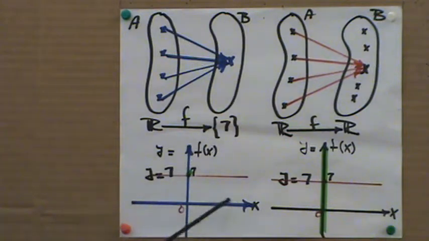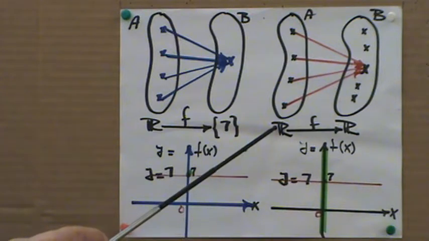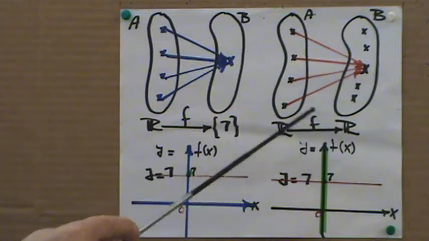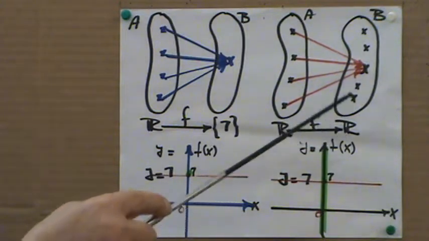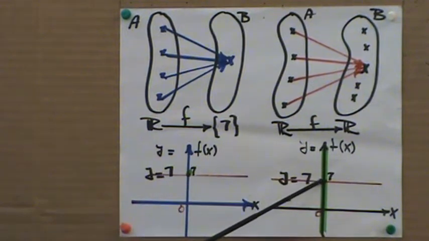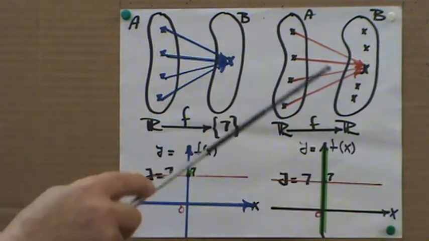Now, the very same equation, y equal to 7, we are investigating, but in this case, the function is mapping real to real. Not real to 7 only, but real to real, which means the range is the entire real numbers, but only one element of that set has been used, has been mapped.